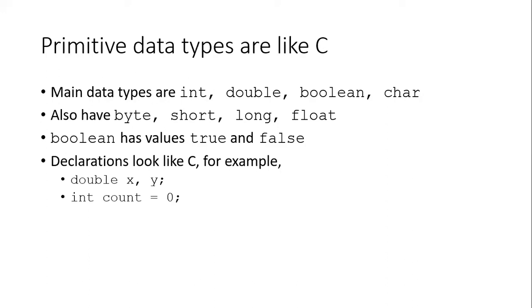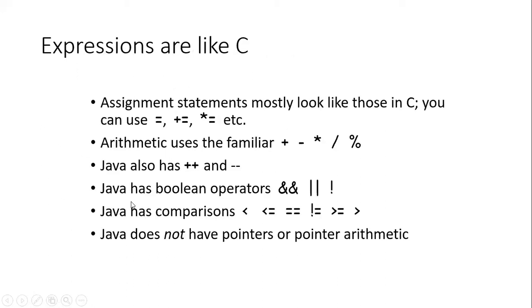The primitive data types are like C, that is, main data types such as int, double, boolean, char, and Java also has byte, short, long, float. Boolean has values true and false, and declarations look like C. For example, declare double xy, and assign int count = 0.